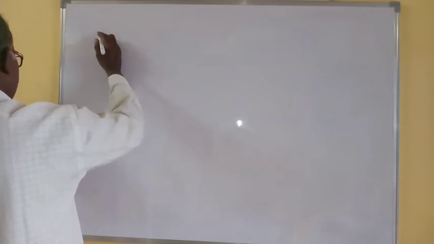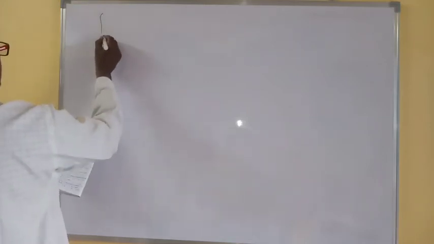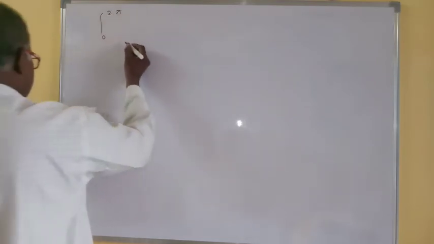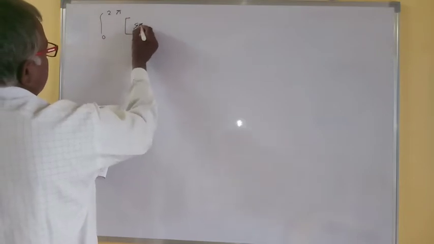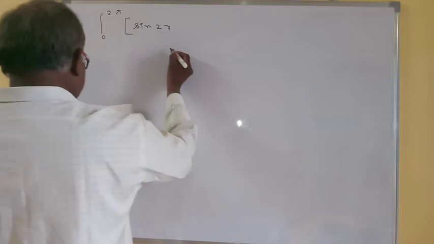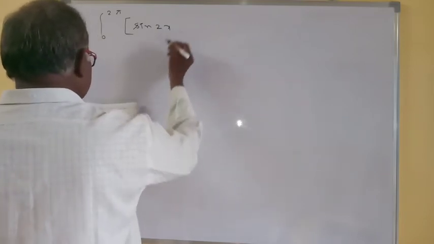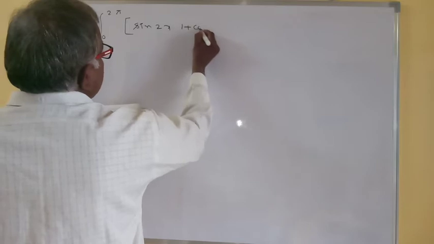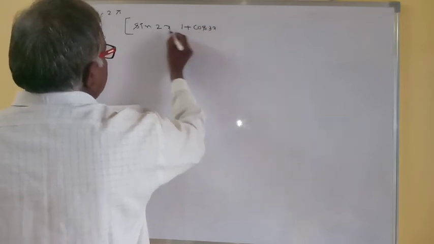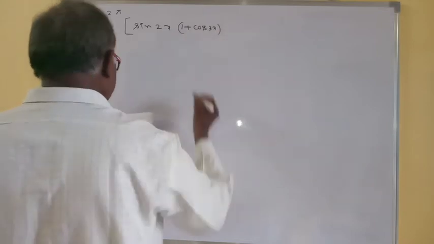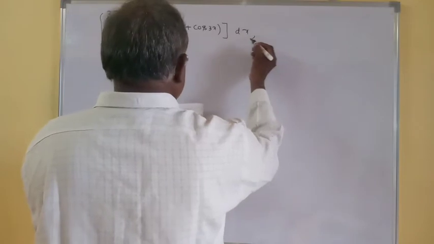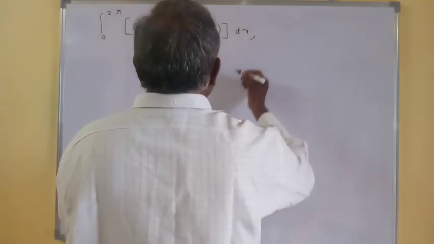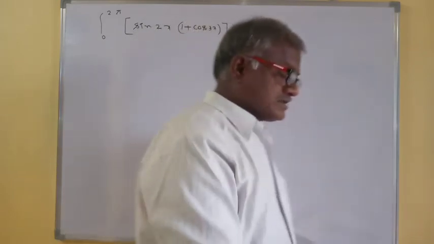Next. The integral from 0 to 2 pi of the step function of sin 2x into 1 plus cos 3x, dx, where step of t denotes the greatest integer function.